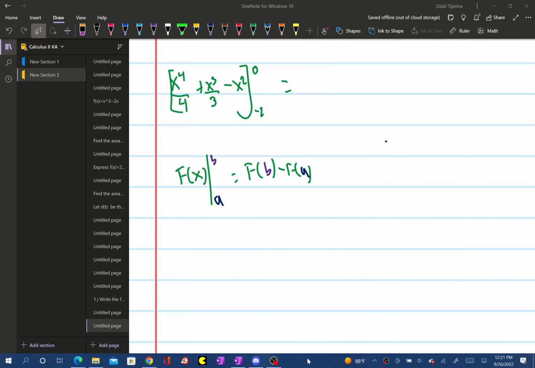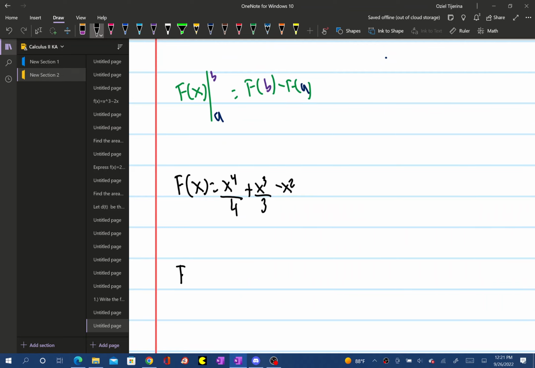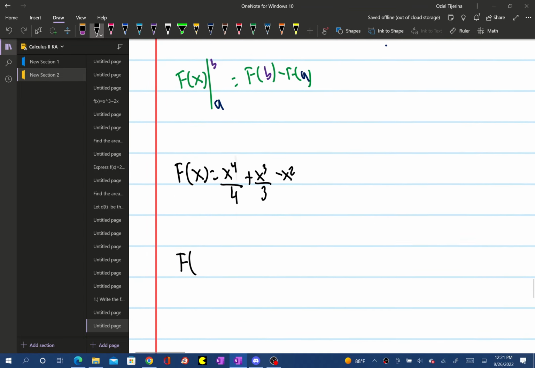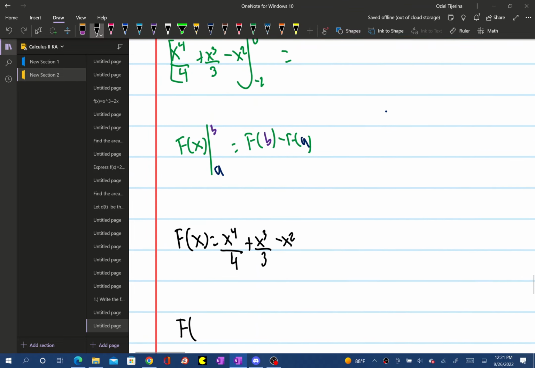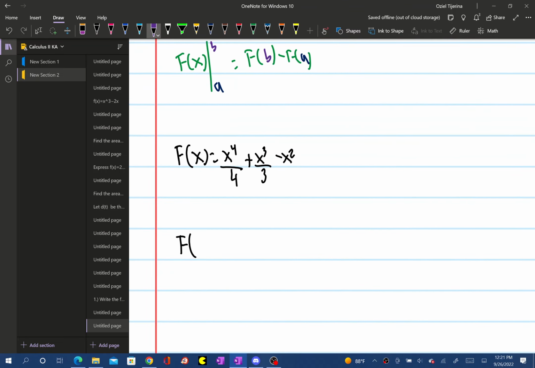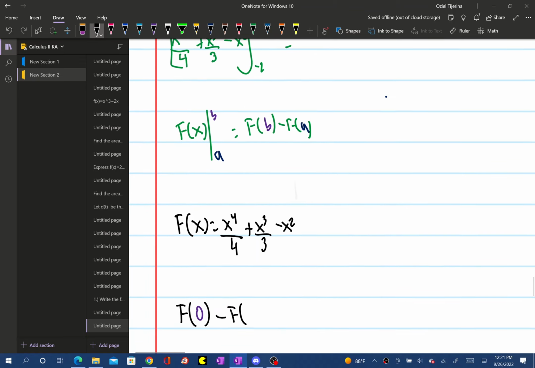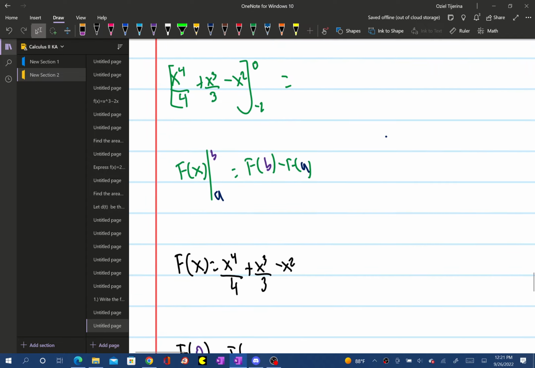So you have f of x equals x to the 4th over 4 plus x cubed over 3 minus x squared. You're going to do f of 0 minus f of negative 2.